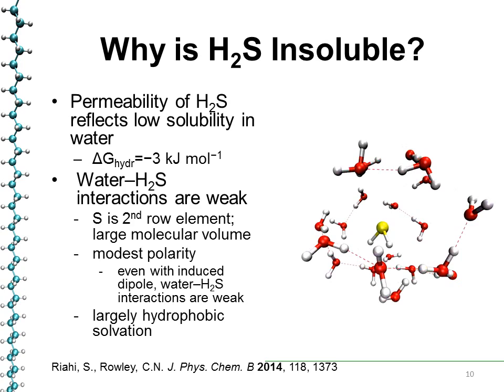Essentially, what this gives us is purely hydrophobic solvation of hydrogen sulfide, which allows it to exit aqueous solutions and pass through the membrane without incurring any significant enthalpic penalty due to the loss of interactions with the aqueous solution.